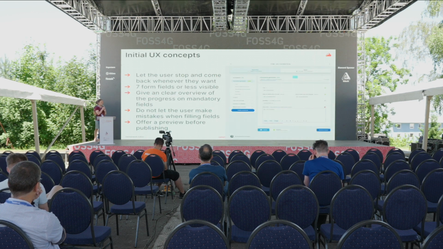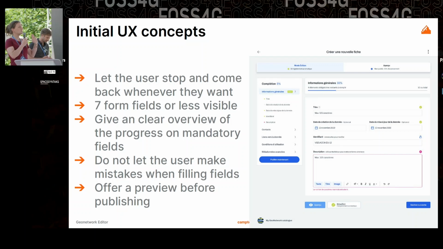Right, so at that time, we identified a few core UX concepts for the new editor. We wanted to make sure that the user would be able to stop and come back to what they were doing, because writing metadata can take a while. Maybe sometimes you want to have a break. So we wanted to make sure that the user was not trapped in an interface. We wanted to make sure that the cognitive load was manageable. So we kind of said 7 fields or less visible on screen.